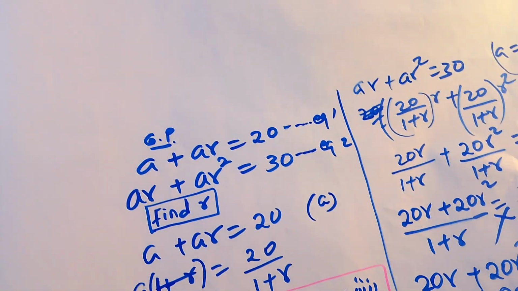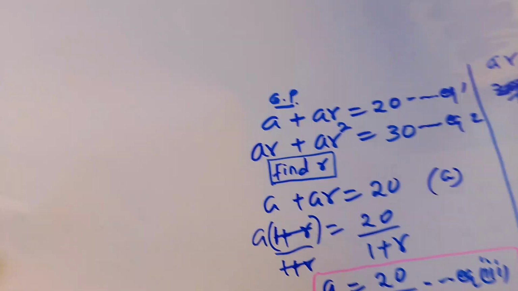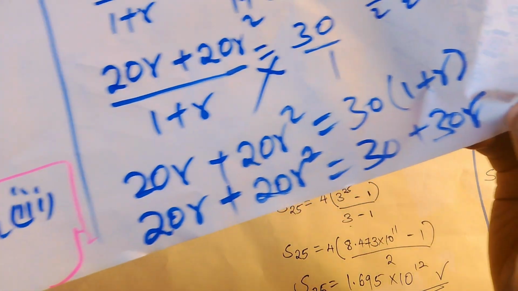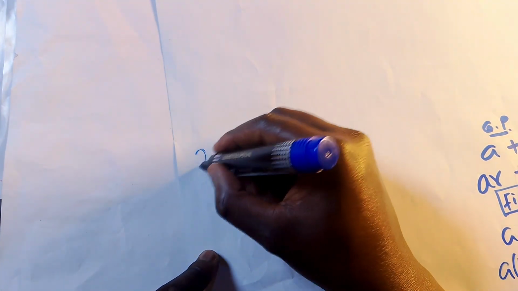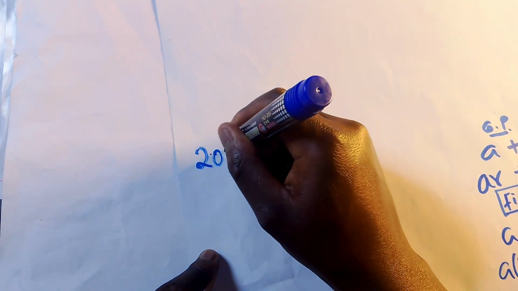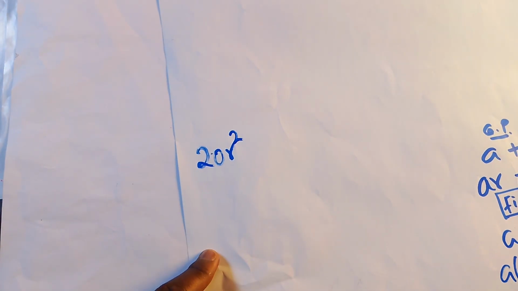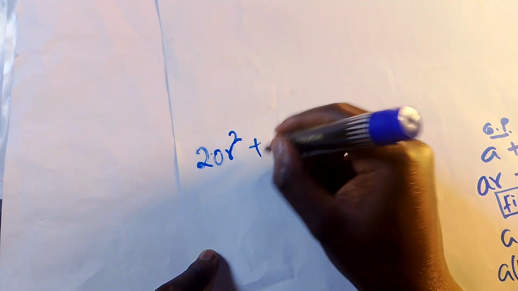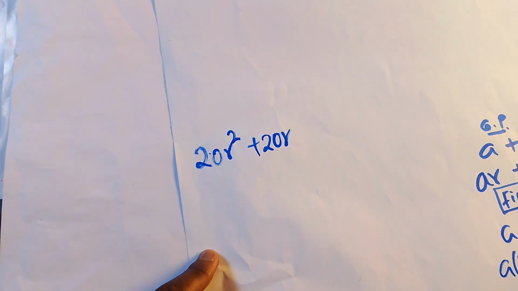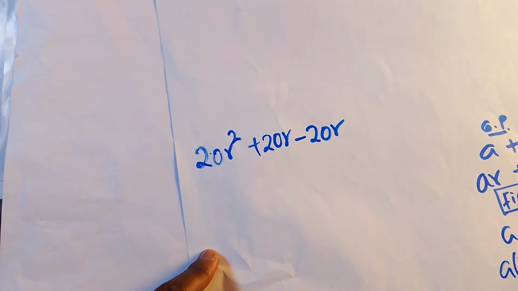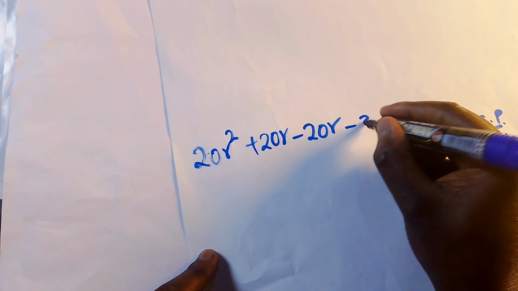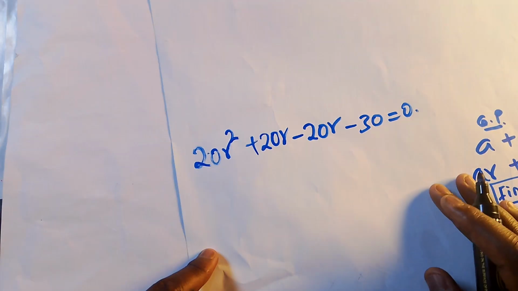Now we can put the like terms together. Bringing the like terms together gives 20r squared plus 20r. Bringing 30r to the other side it becomes minus 30r, then bringing 30 to the other side it becomes minus 30, equal to 0.